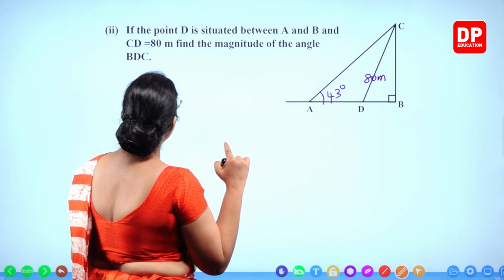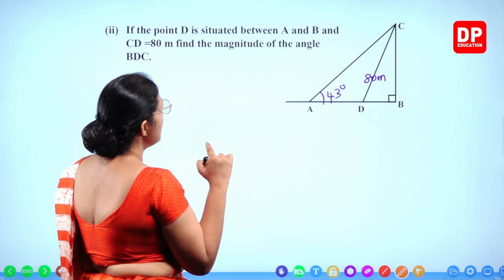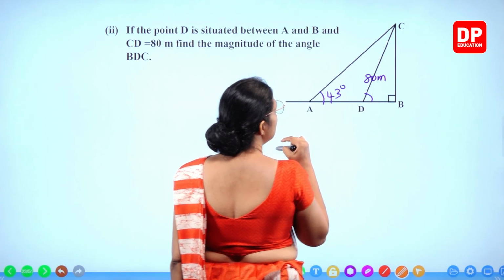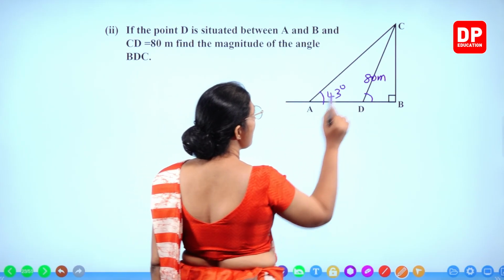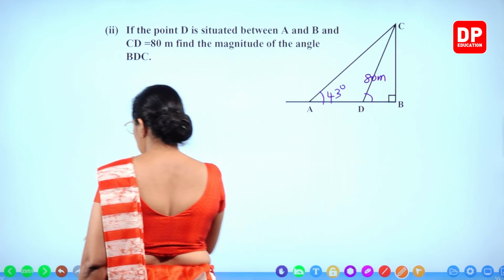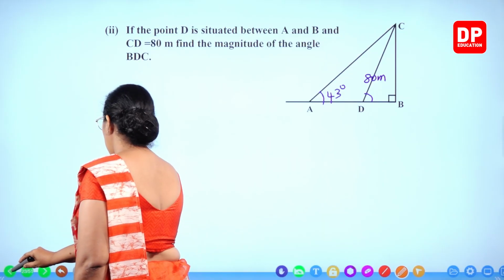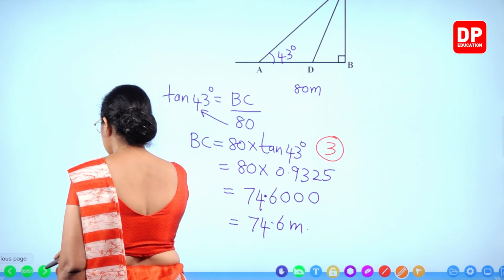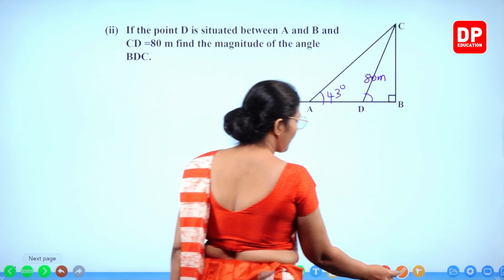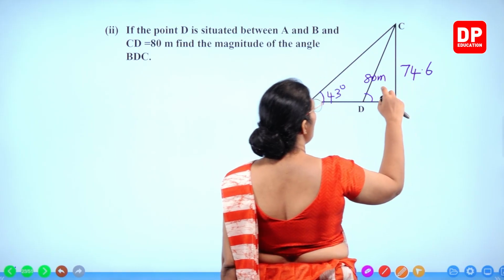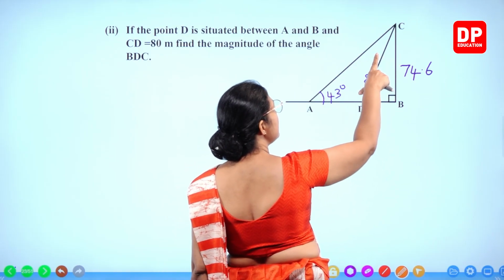Find the magnitude of the angle BDC, this angle. But we know, we found BC, what's that? Length, 74.6. 74.6 here. Now we have this length and this one.